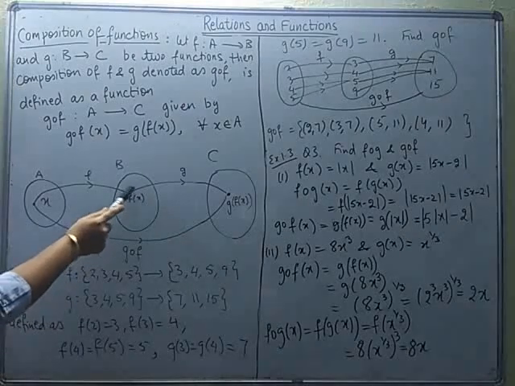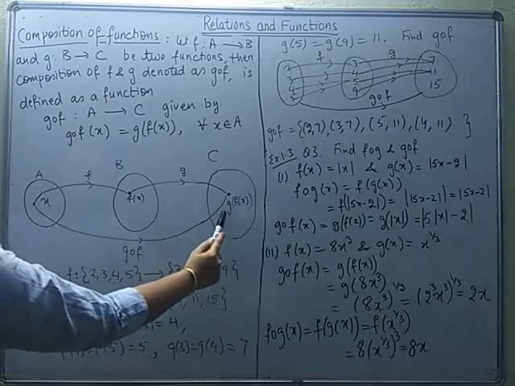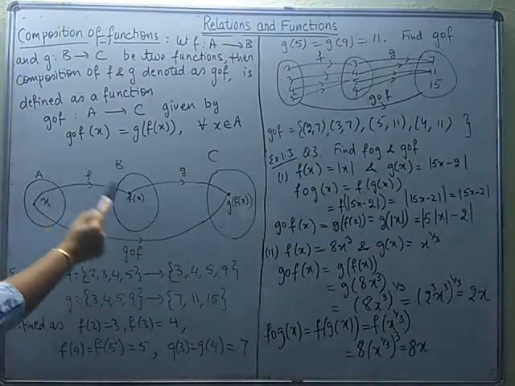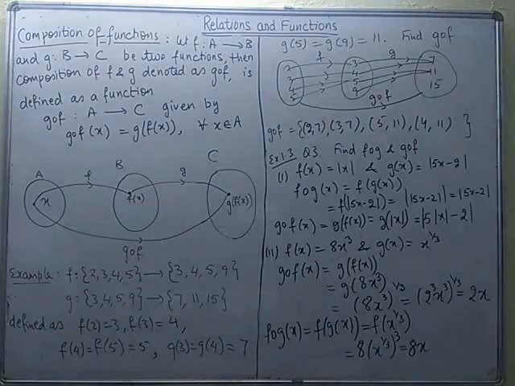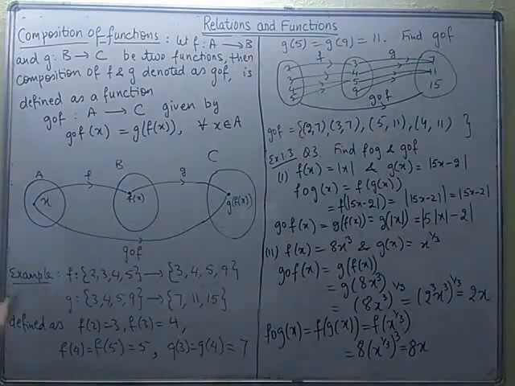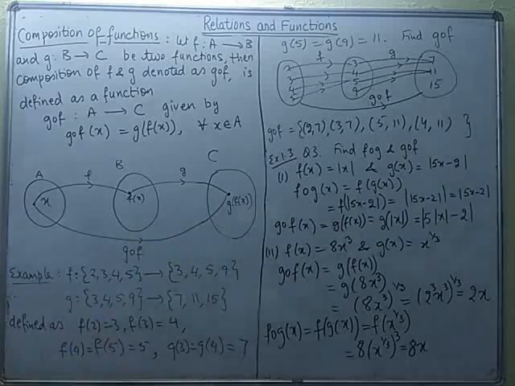So image of f of x under the function g is defined as g of f of x. The way image of x is defined under f, in the same way image of f of x is defined under function g. And you could see that because of this set B, we could relate the elements of set A to the elements of set C. So image of x is g of f of x.